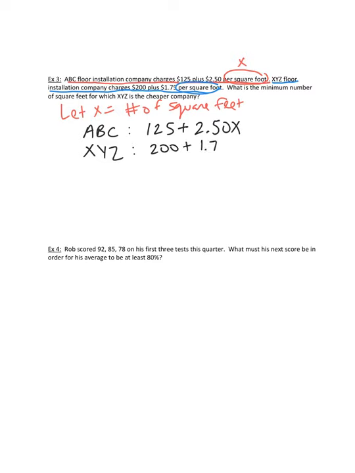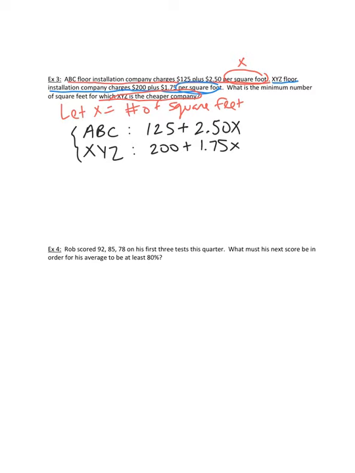So $1.75 times X square feet, which I don't know how many I'm going to be buying. And then when I set these up to help myself structure the problem, I put them together for the part where it says what's the minimum number of square feet for which XYZ is the cheaper company.